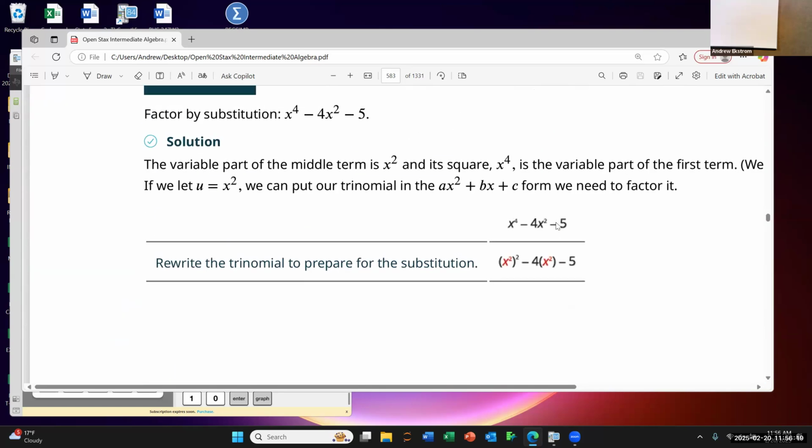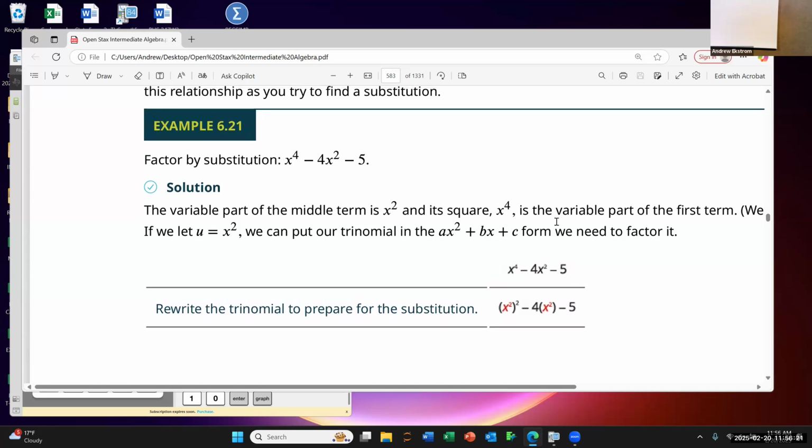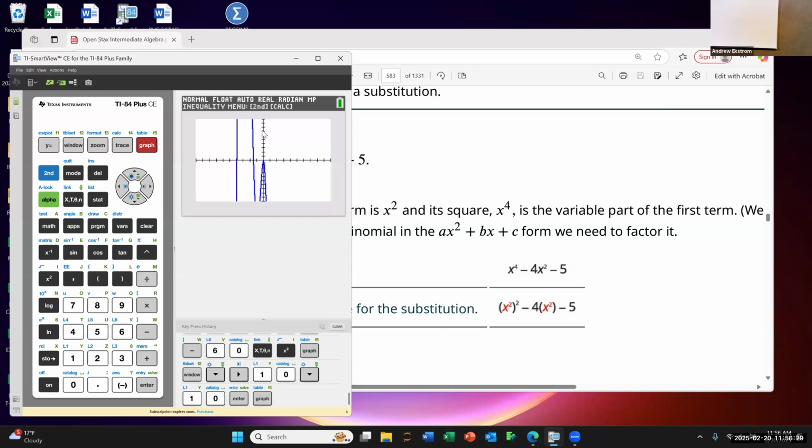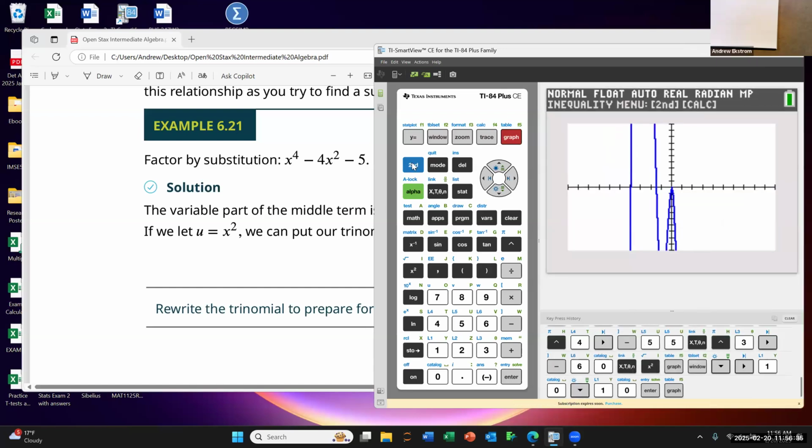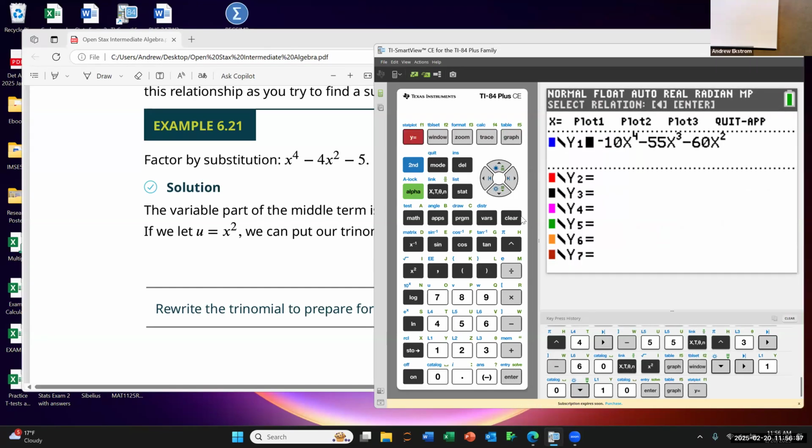Now, if you look at this original equation, how can we look at that and tell that there's going to be these answers that involve the square root of -1? Well, we can graph it. So come up here, clear all this stuff out.